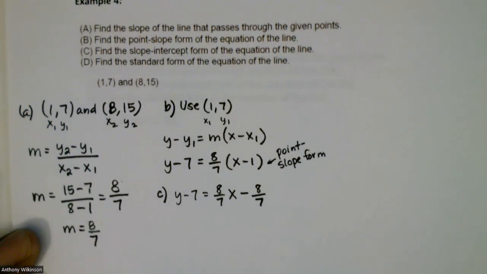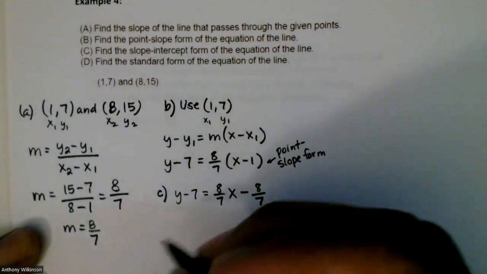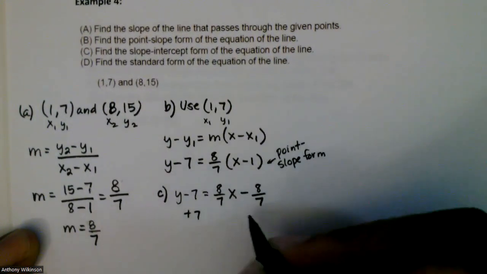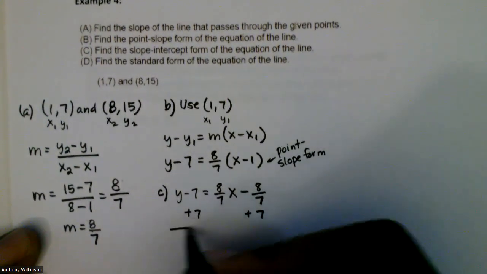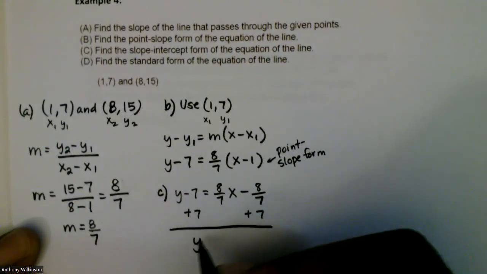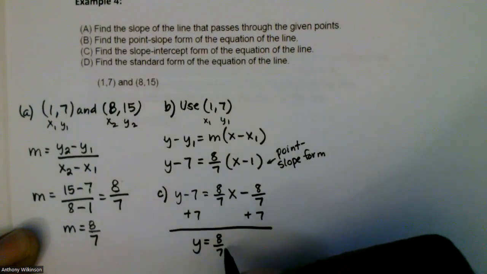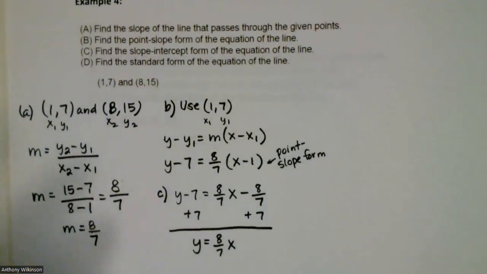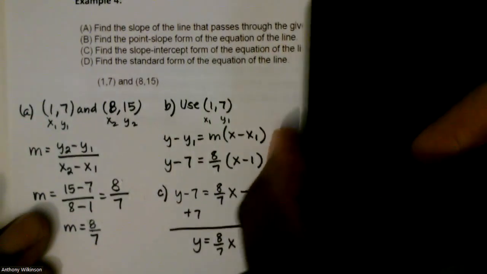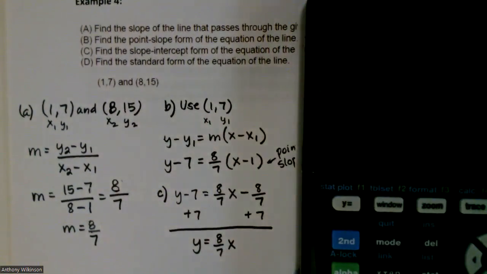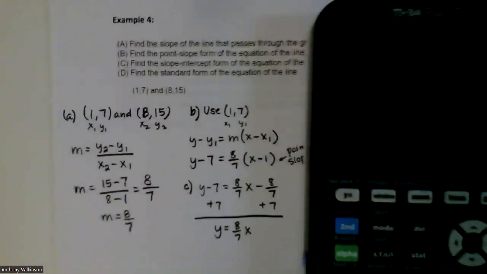Now we're going to solve this equation for y. We're subtracting 7, so I need to add 7 to both sides. So here you're going to have y is equal to 8/7 x. And in the calculator, I can do negative 8/7 plus 7.